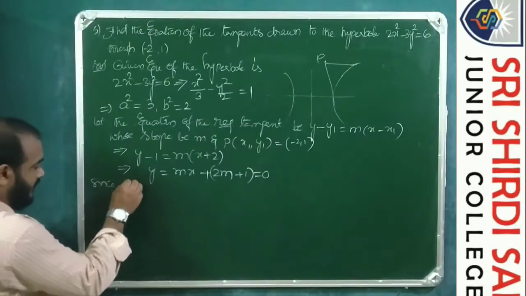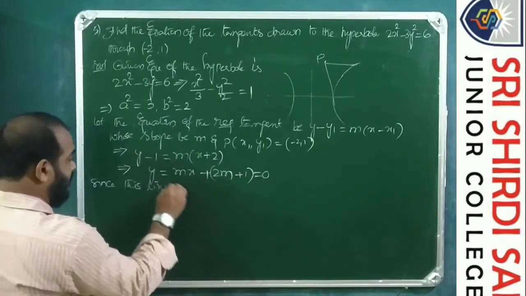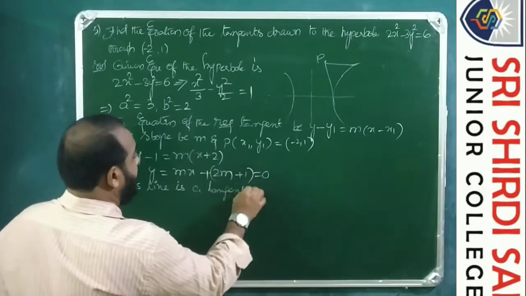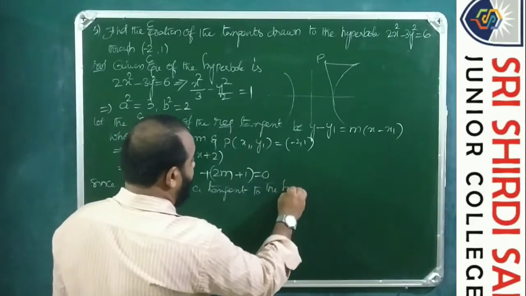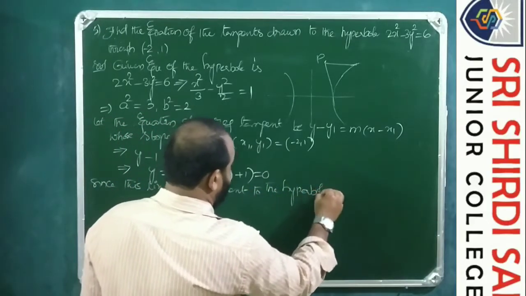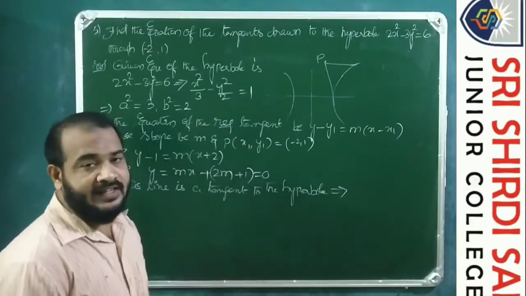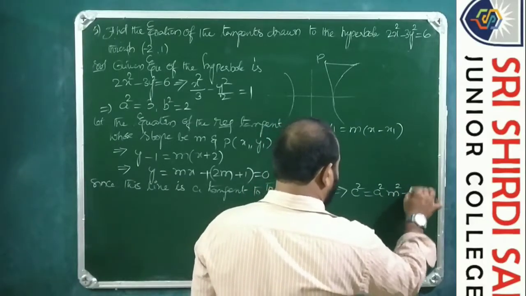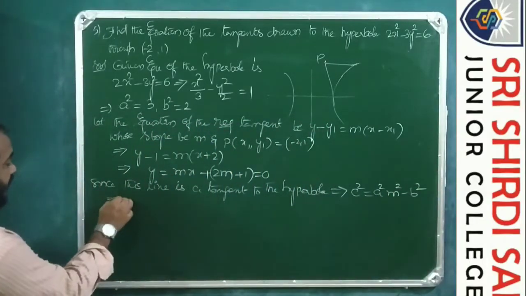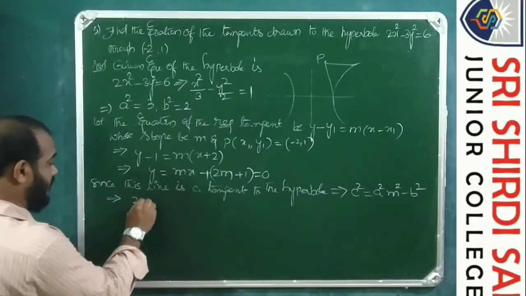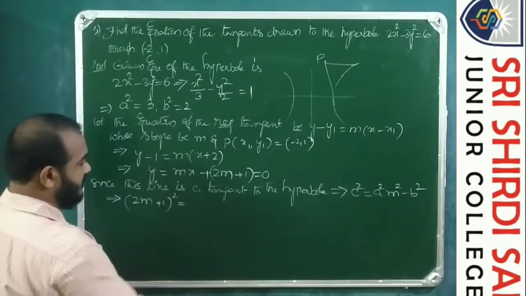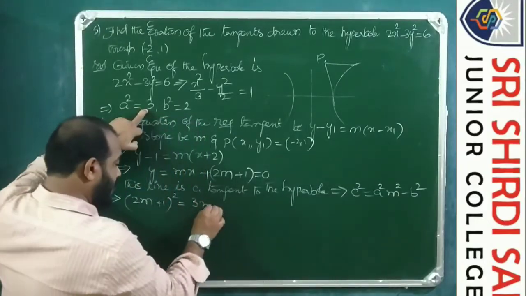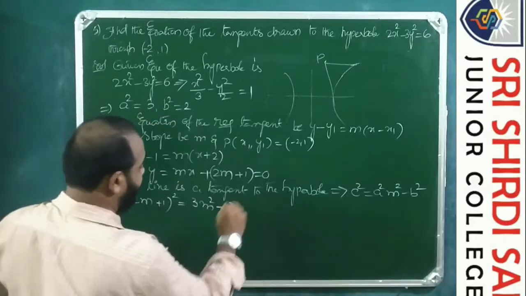Since this line is a tangent to the hyperbola, the condition for tangency is c² = a²m² − b². So here c = 2m + 1, so (2m + 1)² = a²m² − b² = 3m² − 2.